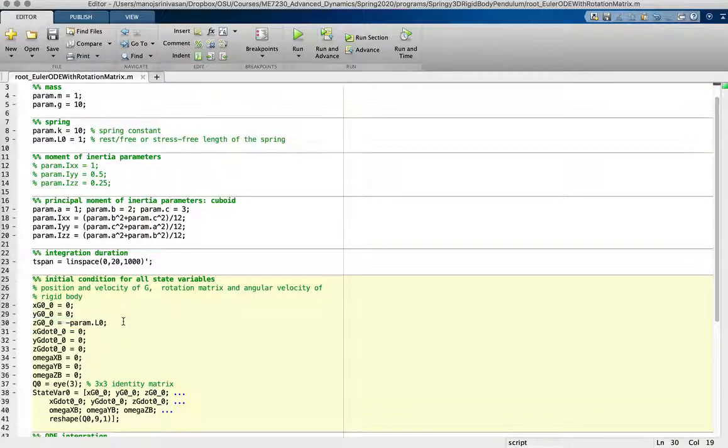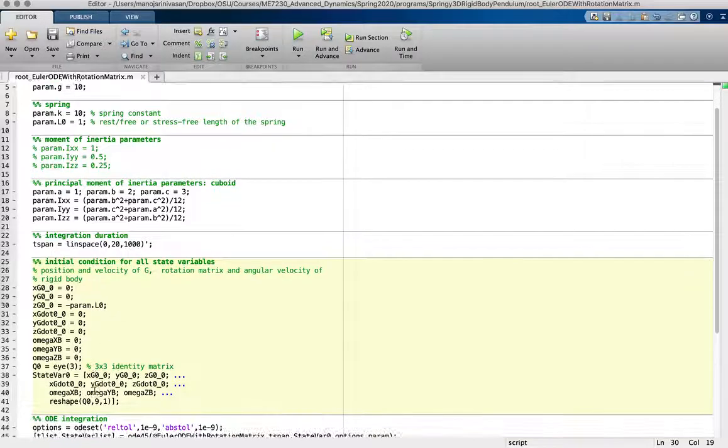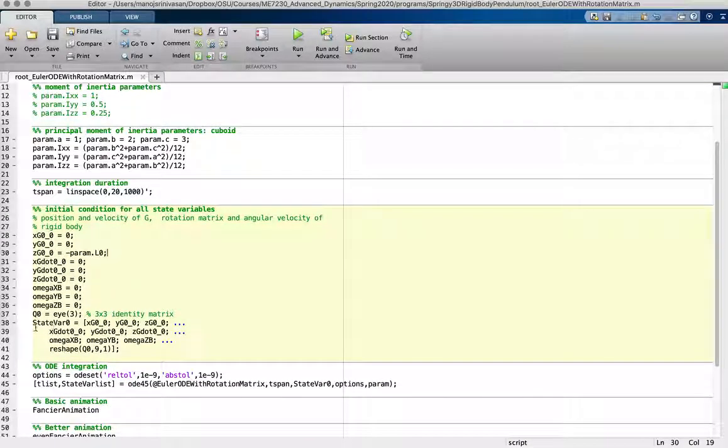So it's initially starting at z equals that level. And this is the rotation matrix, which for simplicity we pick to be identity. In other words, the object is not initially rotated. It has its standard reference configuration. And this is a 3 by 3 matrix.